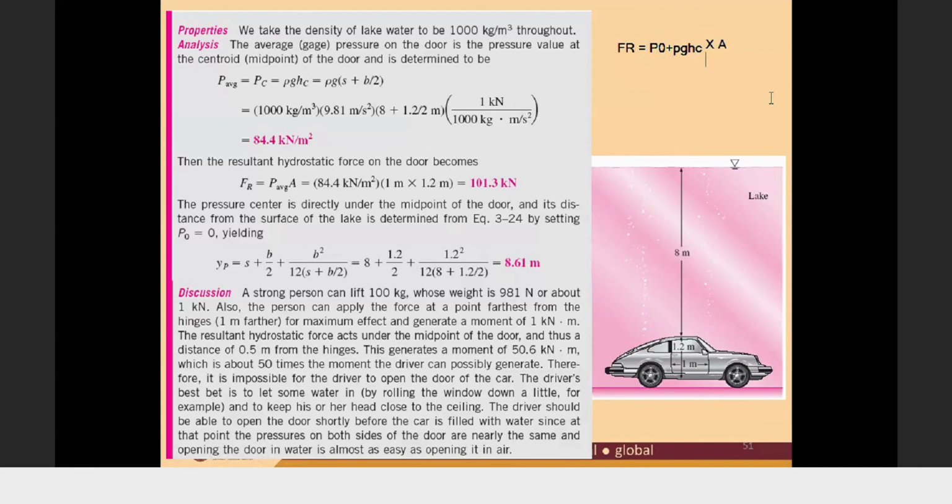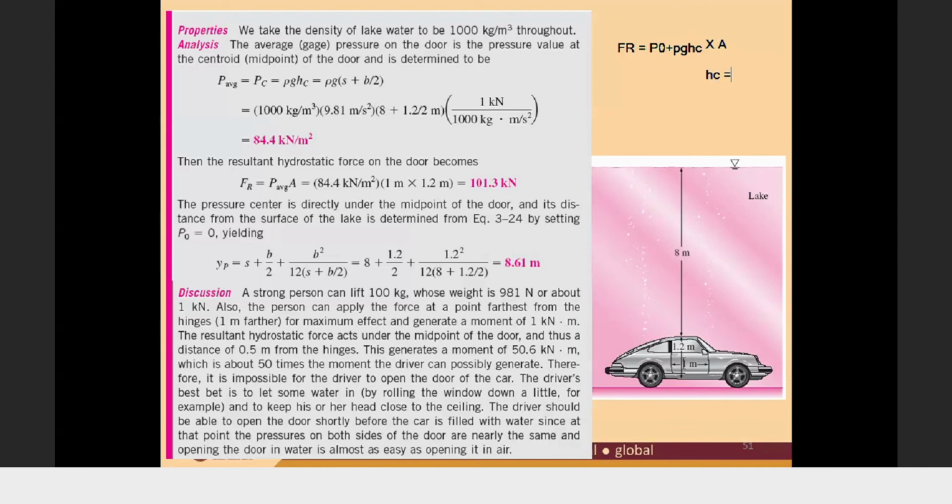First you must find what is HC. HC is the centroid.